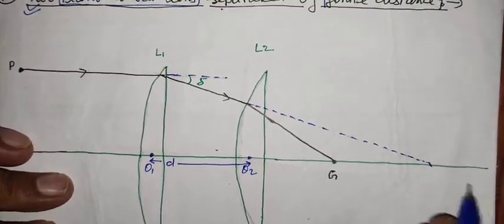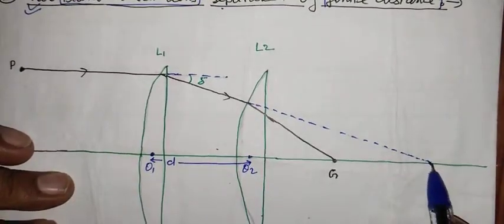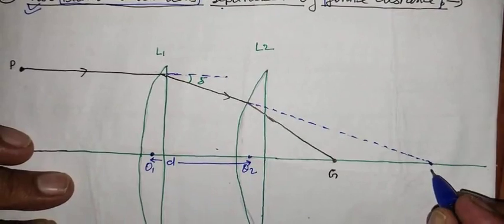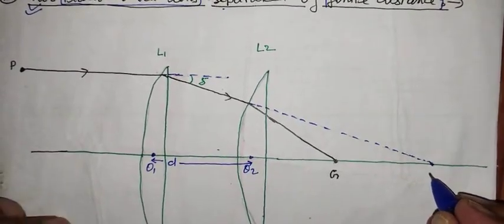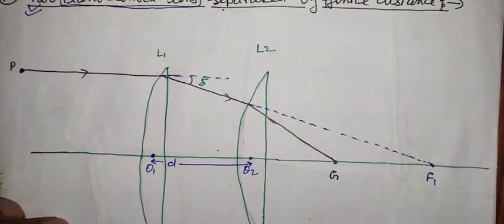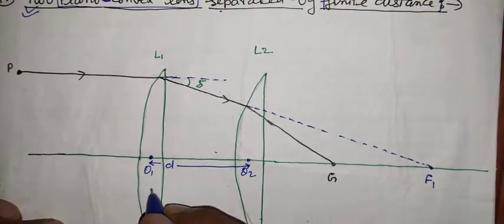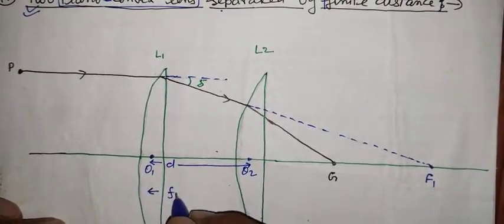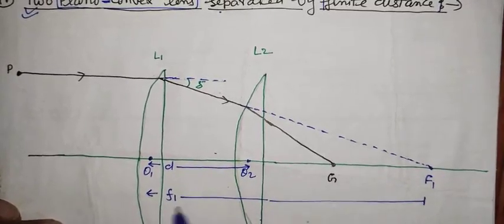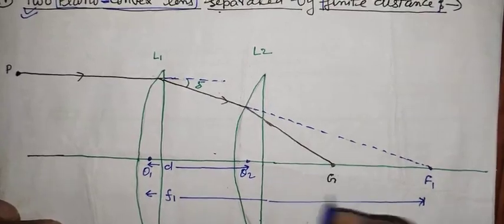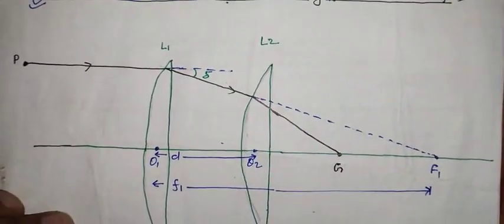So naturally this ray would fall on the focal point of the first lens, let it be f1, and the distance from here is the focal length of the convex lens L1 in the diagram.